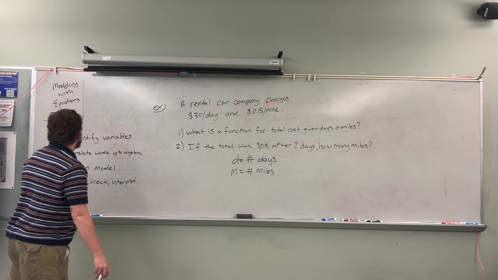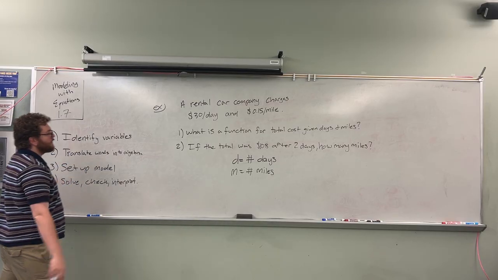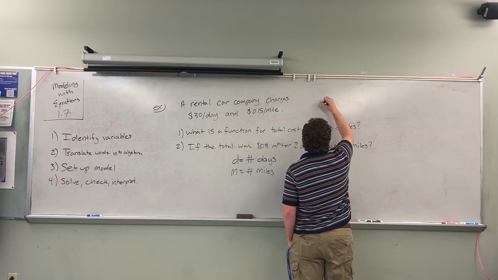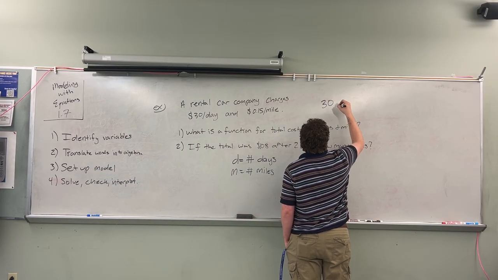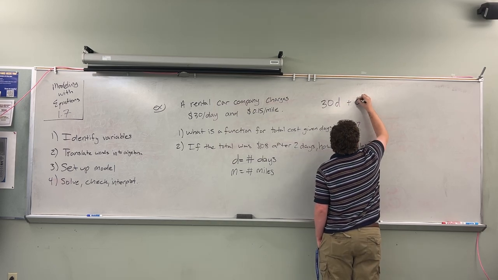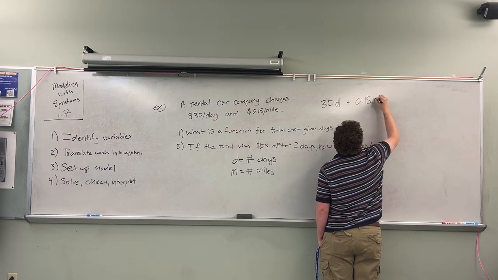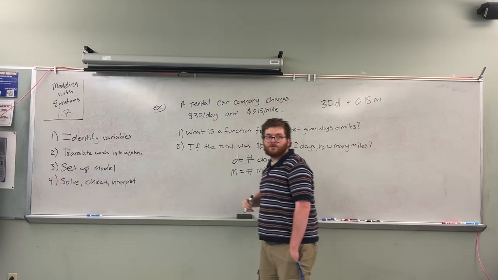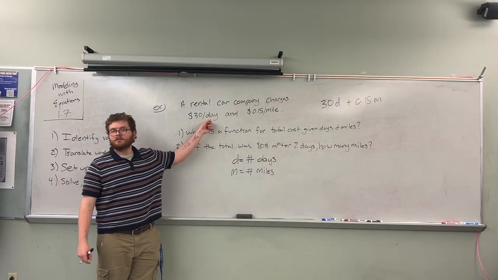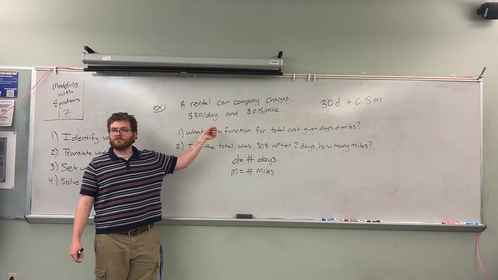Cool. Translating these words into algebra, I have some amount of days, 30 times the number of days, and I have some amount of miles, where I charge 15 cents per mile. When I see per, that means times.